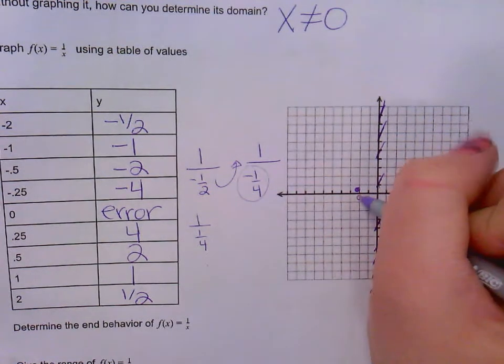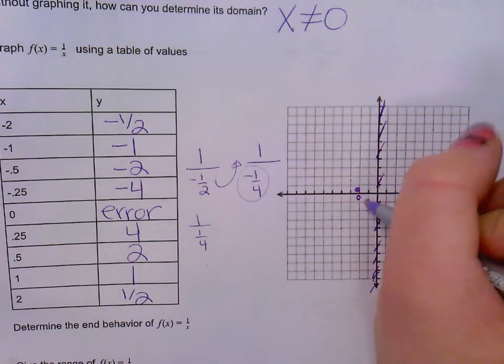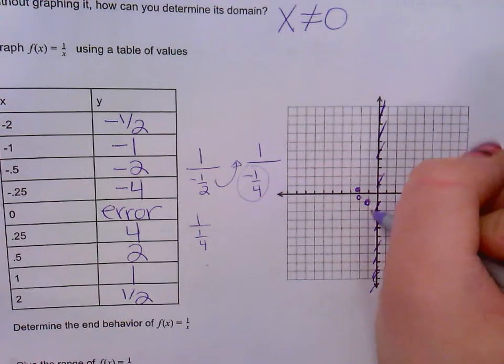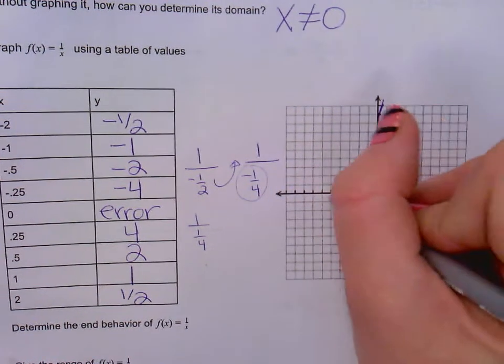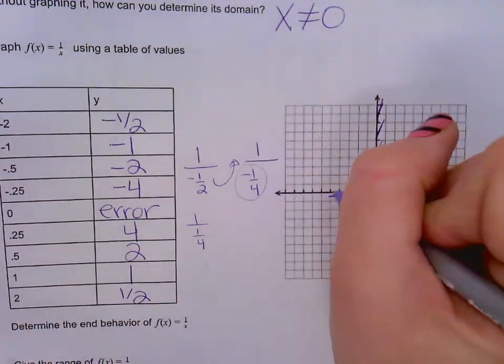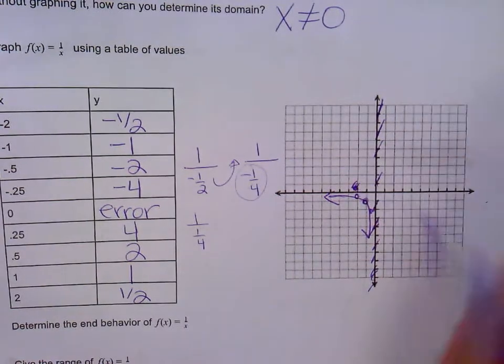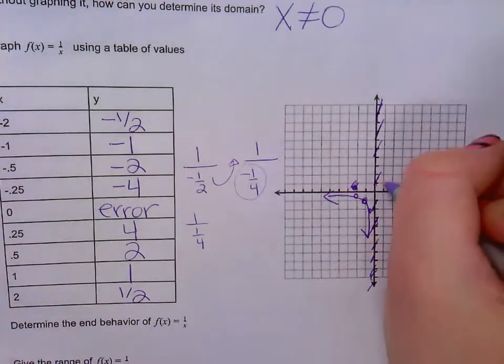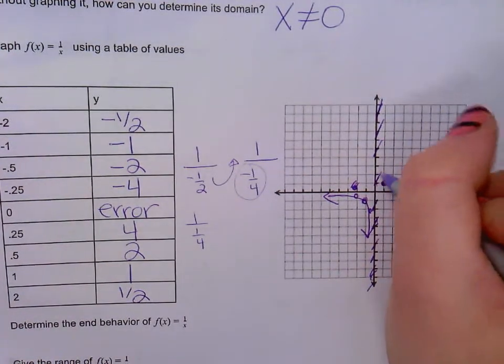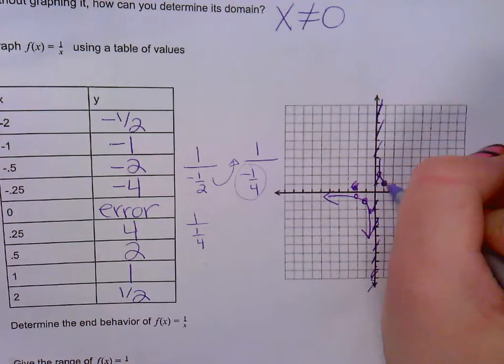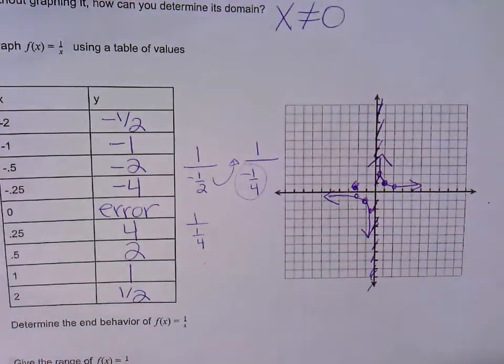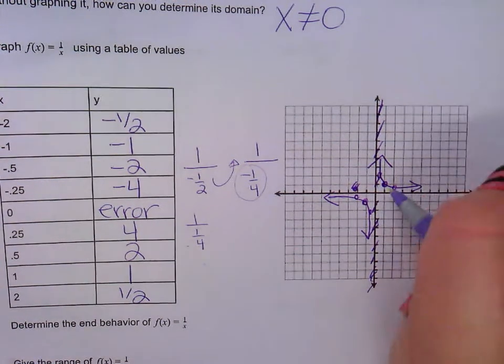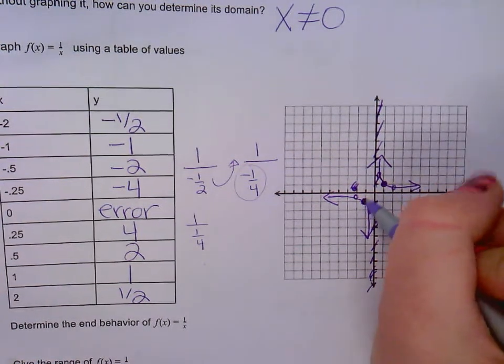Whoops. -1, -1, -1/2, -2. Kind of goes like this. Ignore that point right there. And then 1, 1. So it's 2 elbows. I think 1, 1 and -1, -1 are kind of your key points.